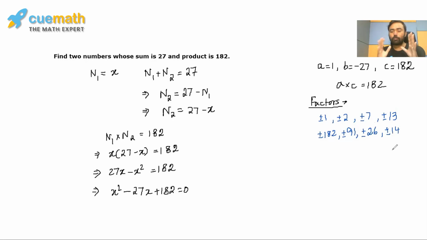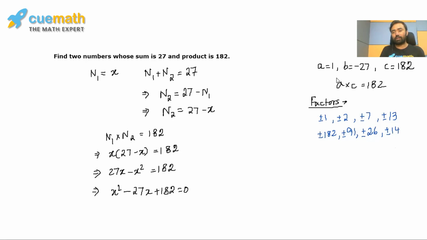Now, if we look at these combinations, all these numbers multiplied will give us 182, but there is only one combination where we'll add them to get negative 27.